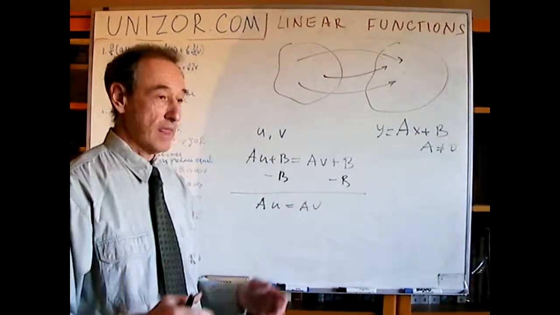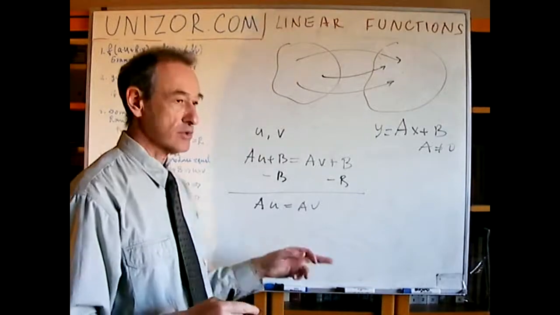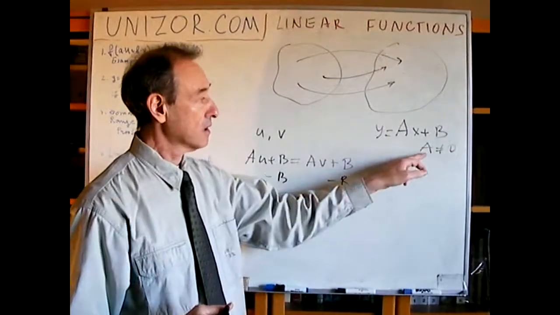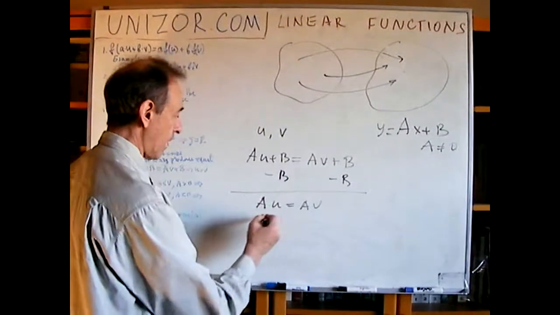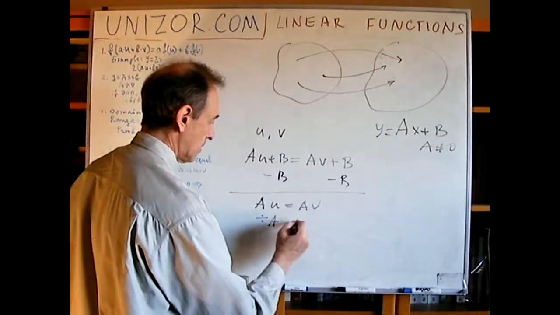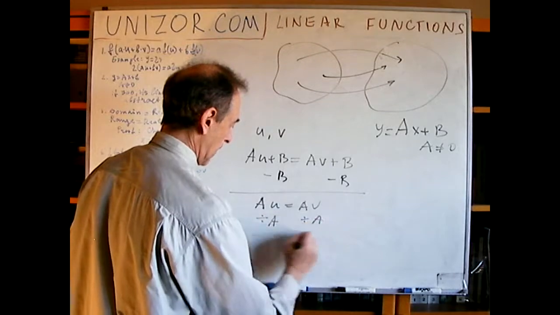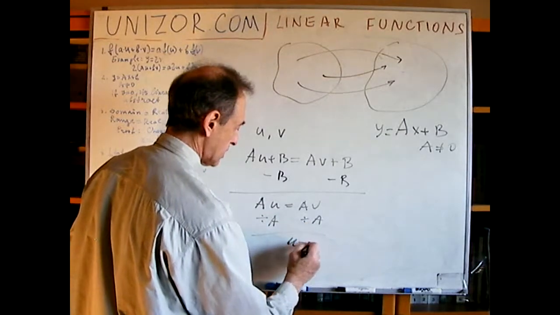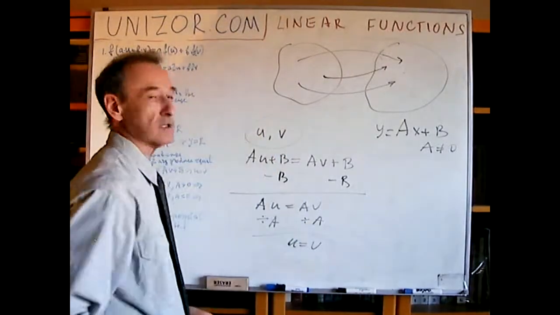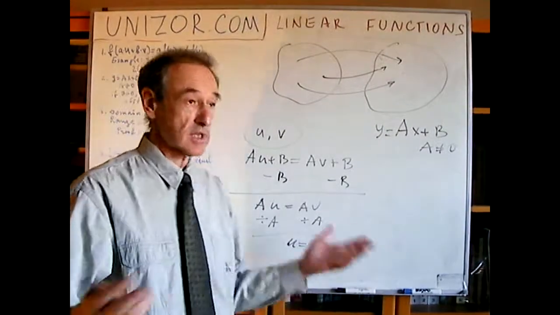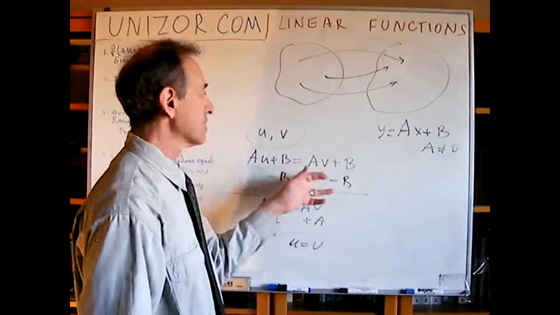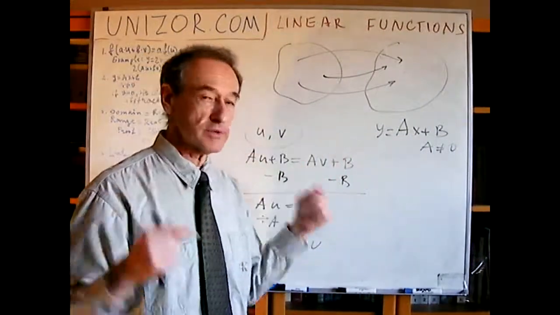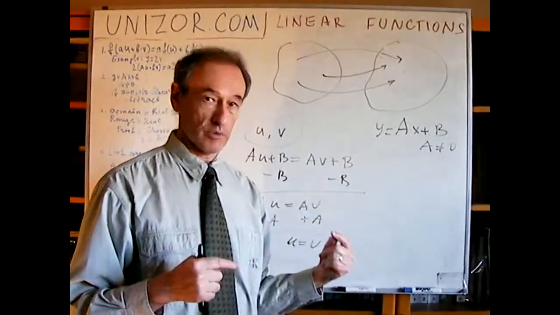Now, if equal values divided by the same value not equal to 0, we will get equal. So let's divide by a, and I will get u is equal to v. But I have assumed that these are different. Now I've got it equal. So it's a contradiction, which means we cannot get the same value from two different arguments.